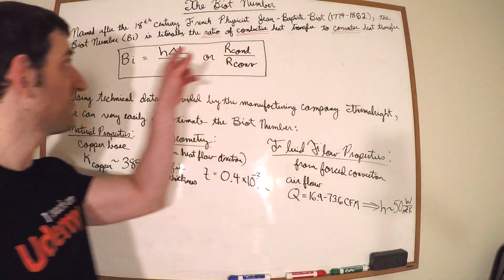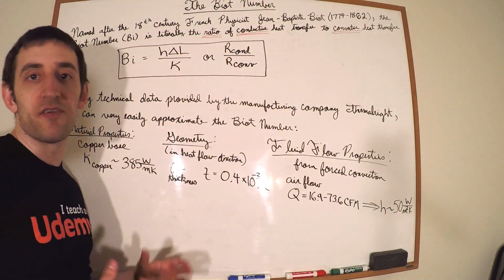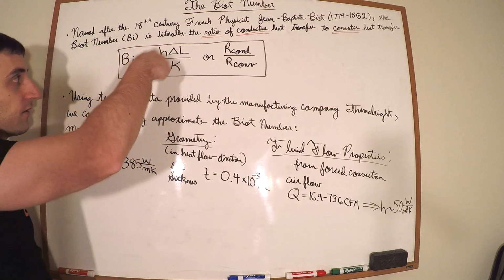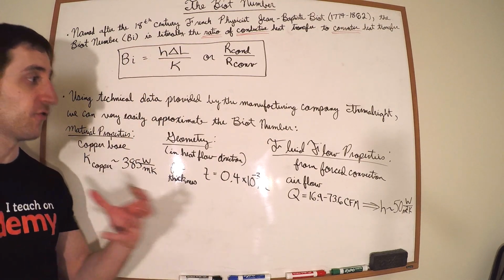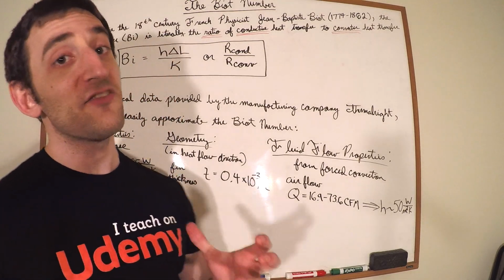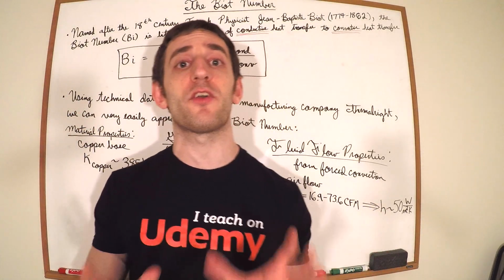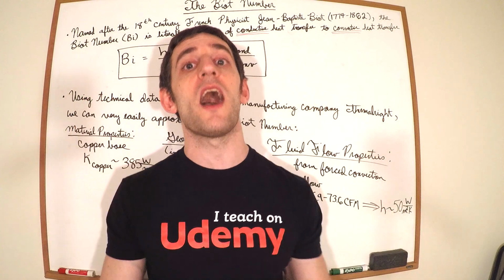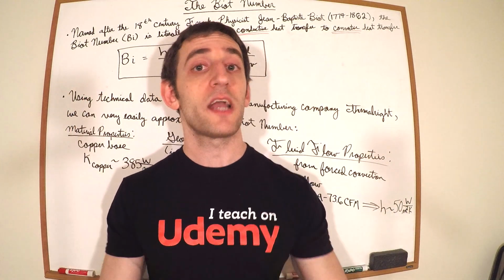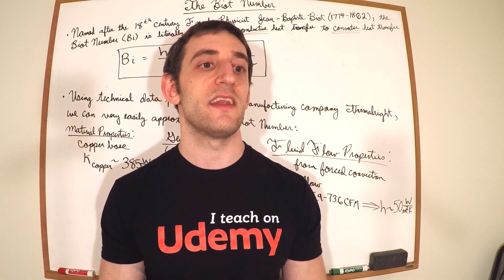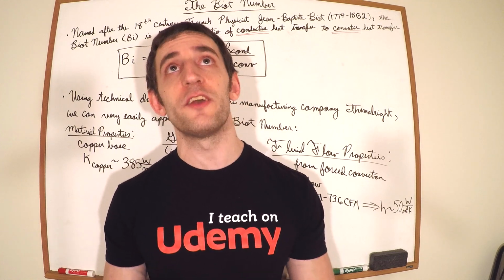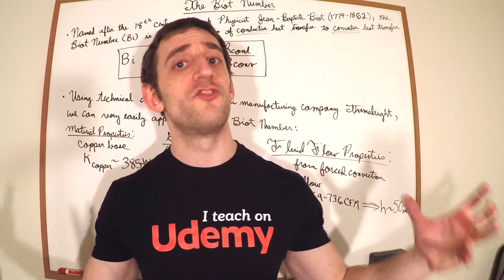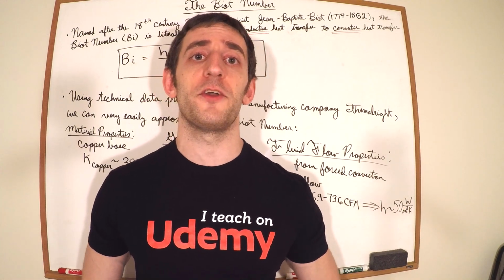The only thing that remains is to estimate probably the hardest part of this, which is the heat transfer coefficient for convection, the h term here, and that's done by analyzing the fluid flow properties. As I mentioned previously, calculating the heat transfer coefficient is very complicated and involves a lot of work. I could make a few videos, maybe even an entire course just on convective heat transfer.